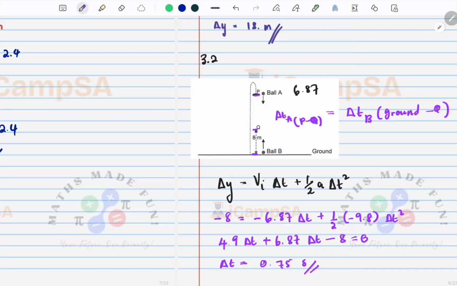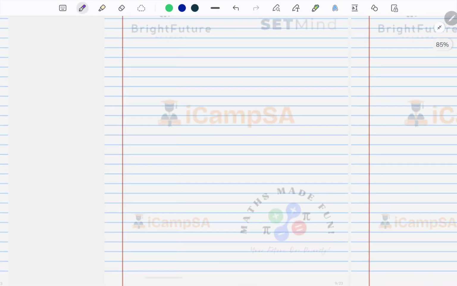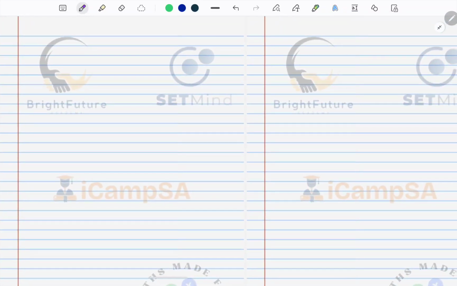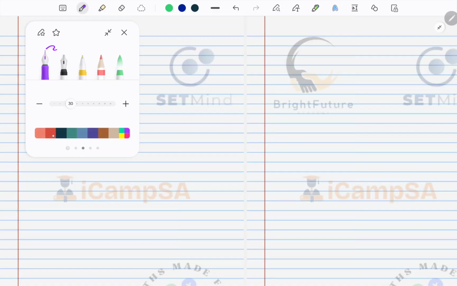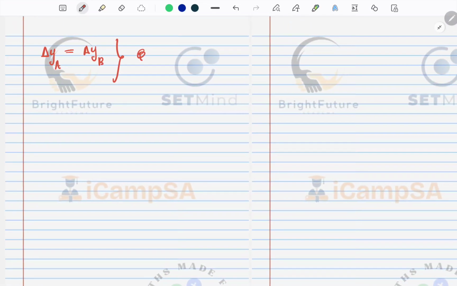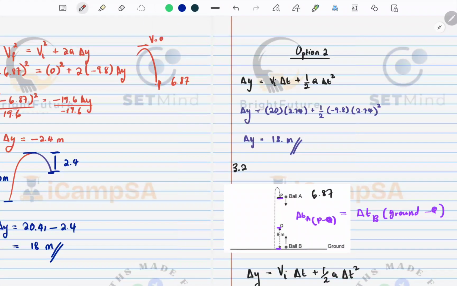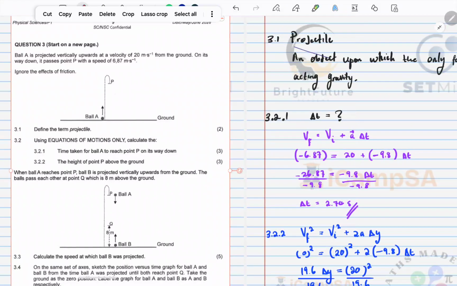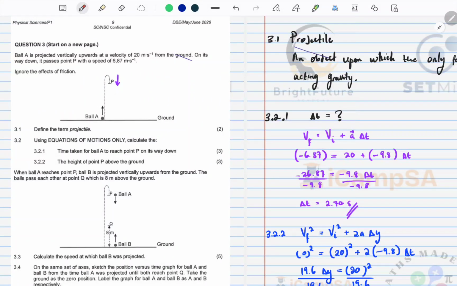So this is the time it takes for ball A to move from this point to here. Then what we are saying is that delta y for A at this point is equal to delta y for B. This is because this is point Q. If you look at this diagram, they meet at point Q. From here, ball A reaches point P. When we are at point P, ball B is projected vertically upwards, and then we pass each other here.